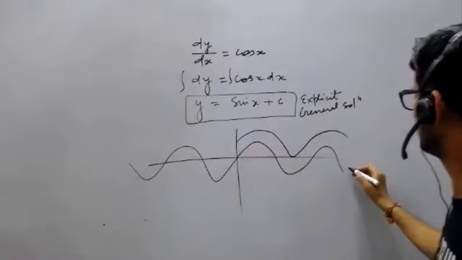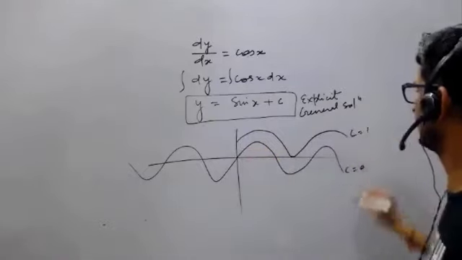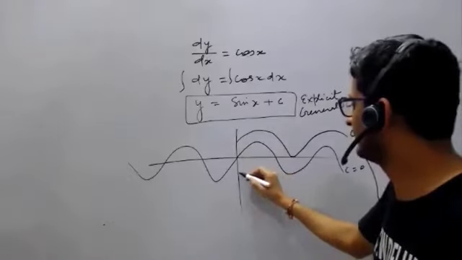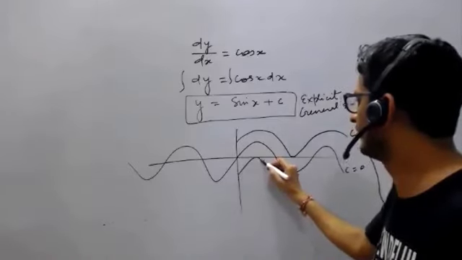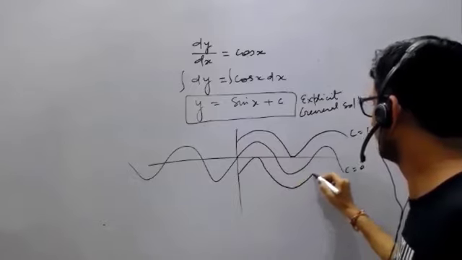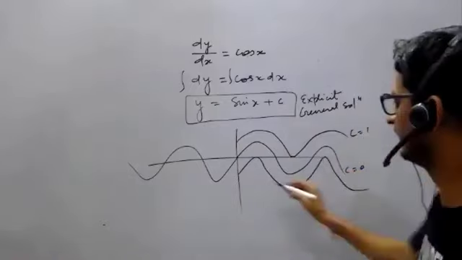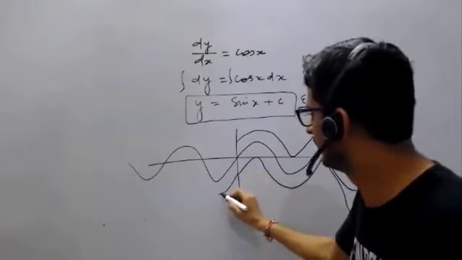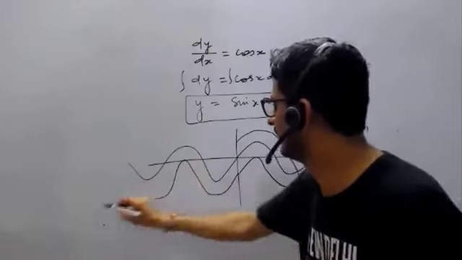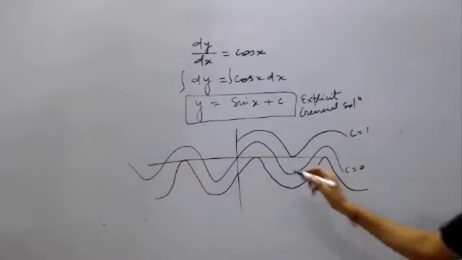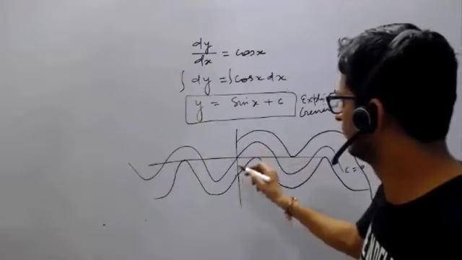So this is for c is equal to 0, this is for c is equal to 1, and then let me take c is equal to minus 1. It will become like this, and this, like that. Okay, don't mind for this.